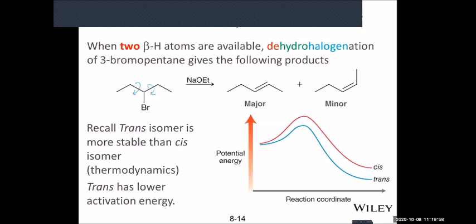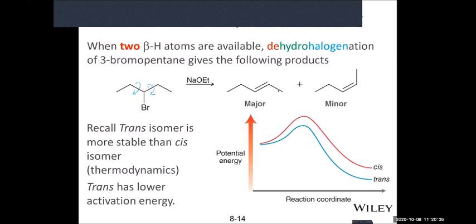When you finally lose the proton, the hydrogen, and the leaving group to give the alkene, you might have two products, either cis or trans. What we find out is the trans is the main product.